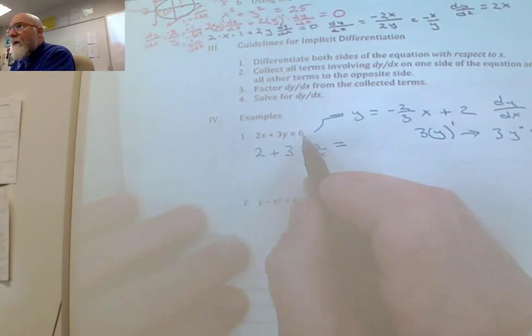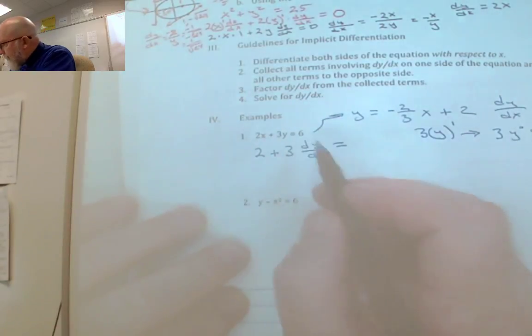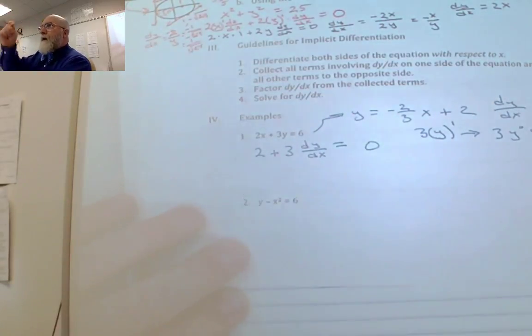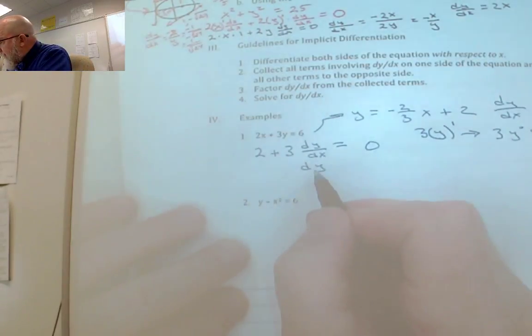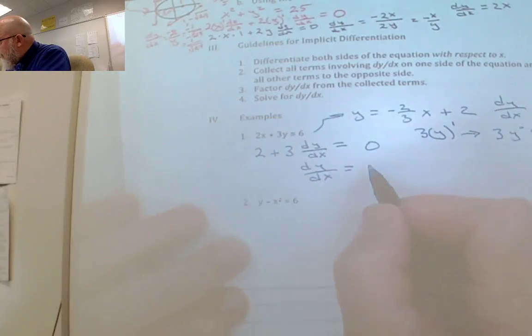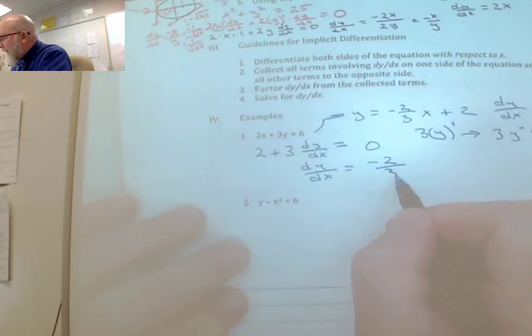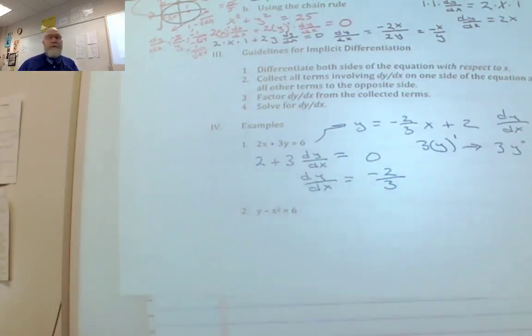Equals, what's the derivative of 6? 0, because the derivative of any constant is always 0. So that means dy/dx, I'm going to subtract the 2, it'll be negative, and then I'm going to divide by 3, gives me a negative 2/3.